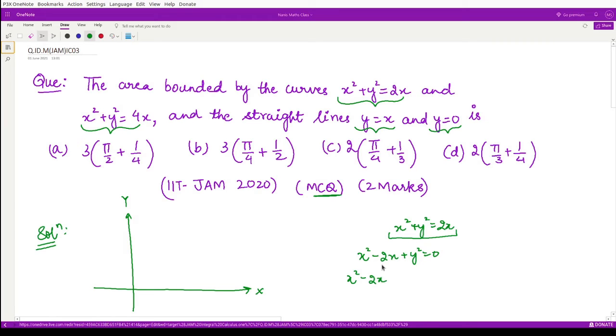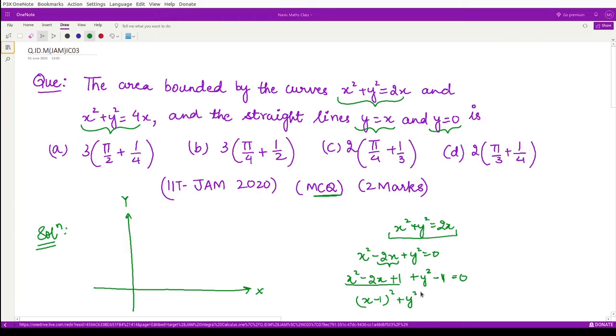Now how do you complete the square? You divide this mixed term with 2, that would be minus 1, take its square, that would be plus 1, so you add plus 1 and moreover you subtract 1, so you have plus y square minus 1 is equal to 0. So this term now becomes x minus 1 whole square.